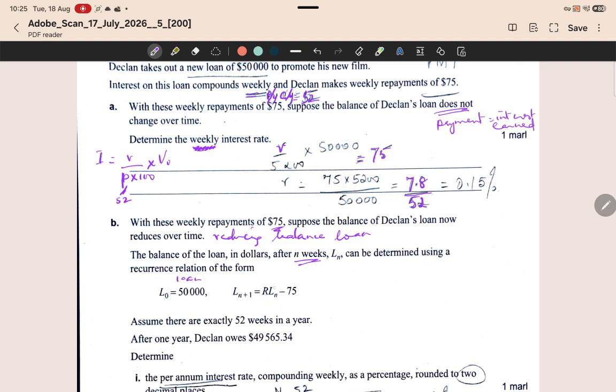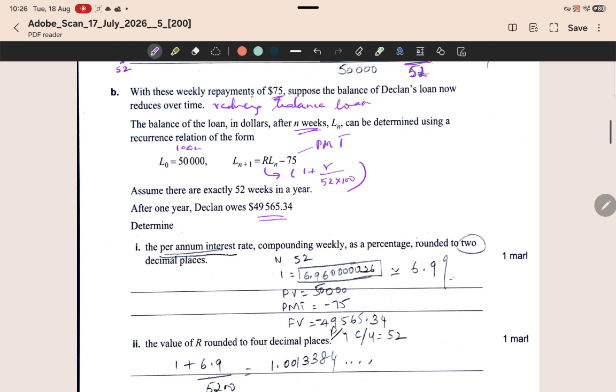The next value is calculated by the interest, so that means 1 plus R divided by weekly, that's your R value, times the current value, minus 75. And this is his payment. Assume there are 52 weeks in a year. After 1 year, he owes this value.